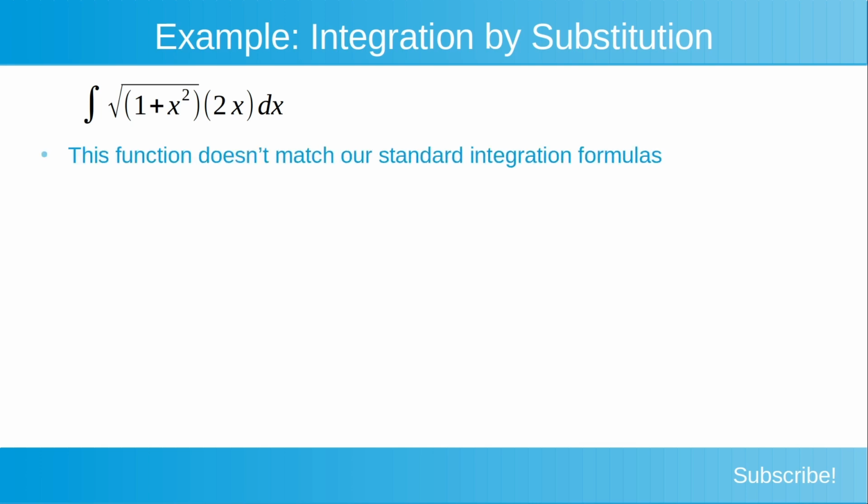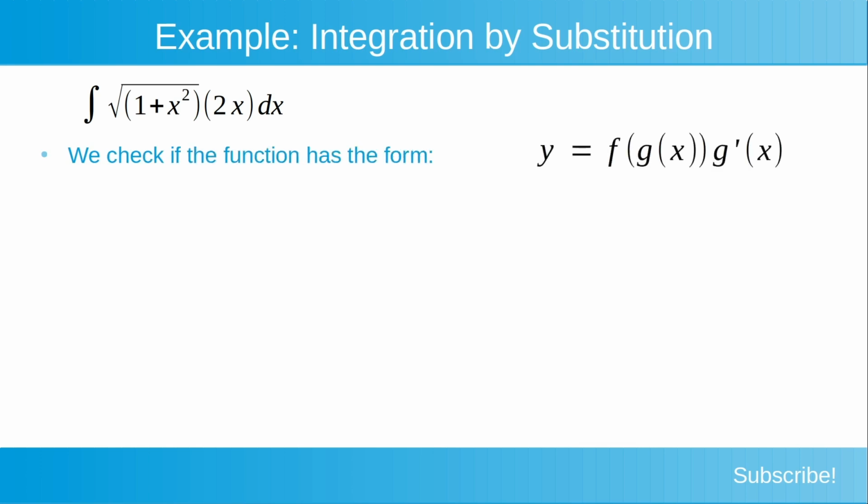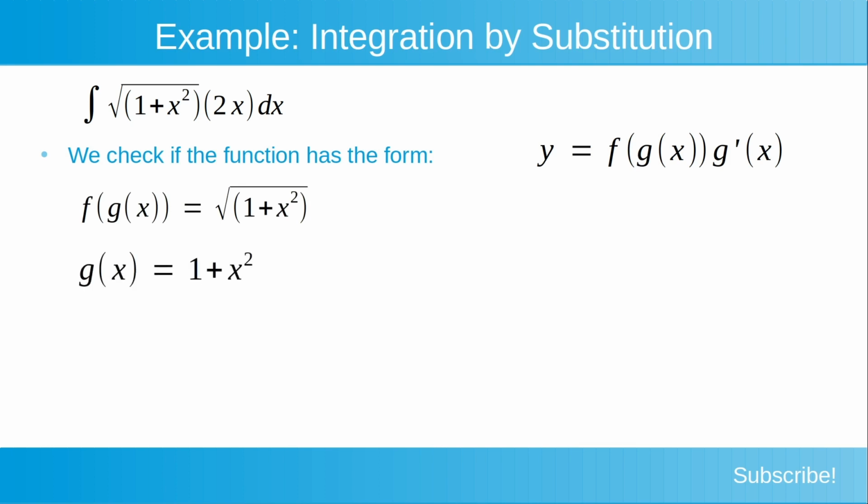This function doesn't match any of our standard integration formulas. So we check if the function has the form y is equal to f of g of x g prime x. The square root of 1 plus x squared, that's a composite function in the form f of g of x, where the function g of x, that's equal to 1 plus x squared.